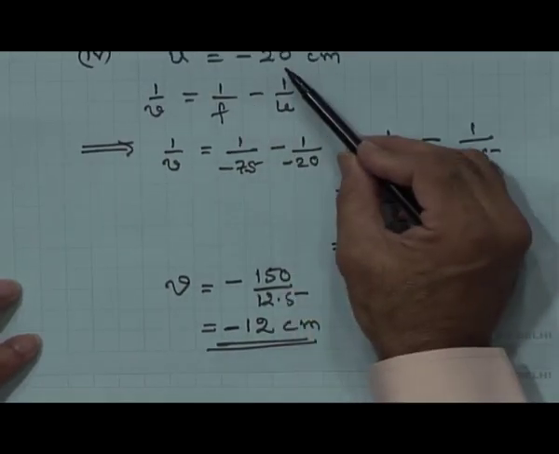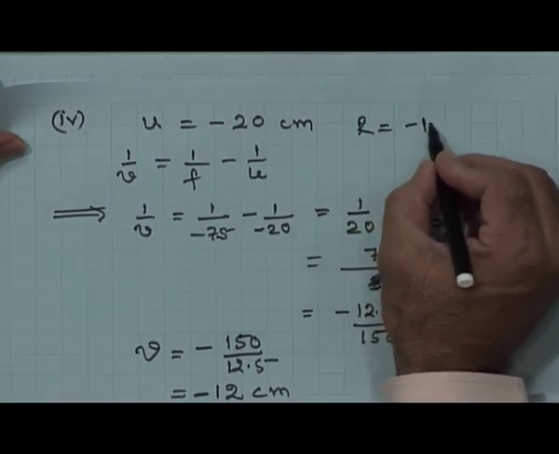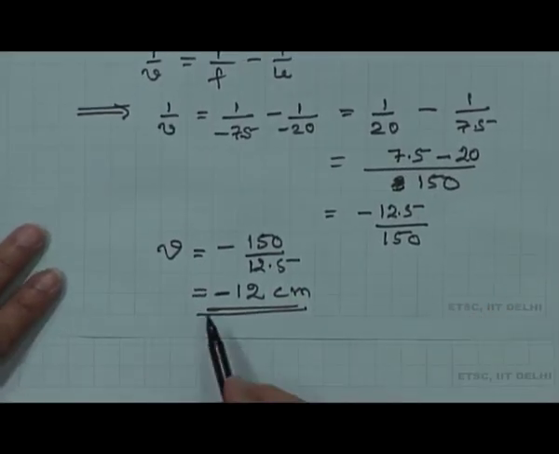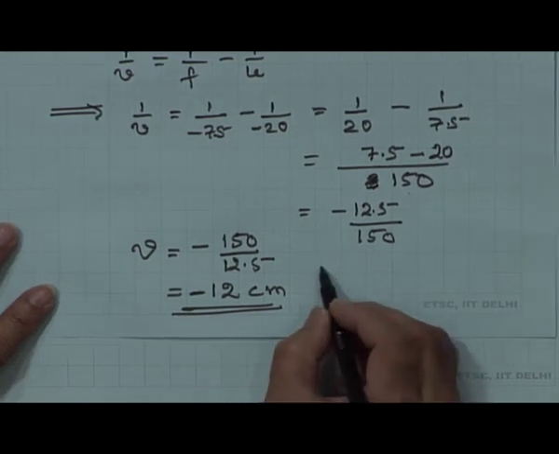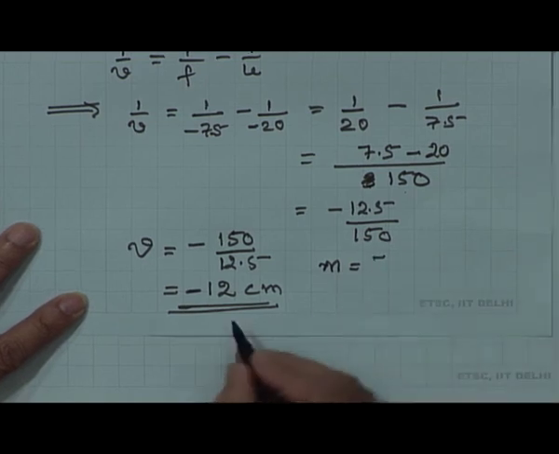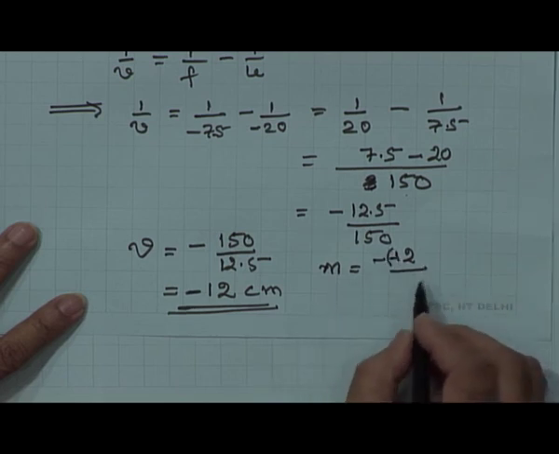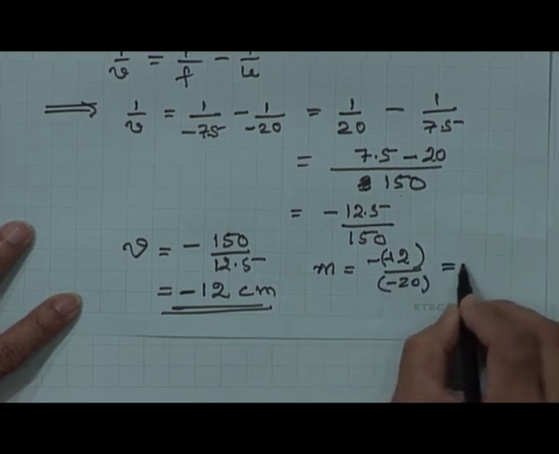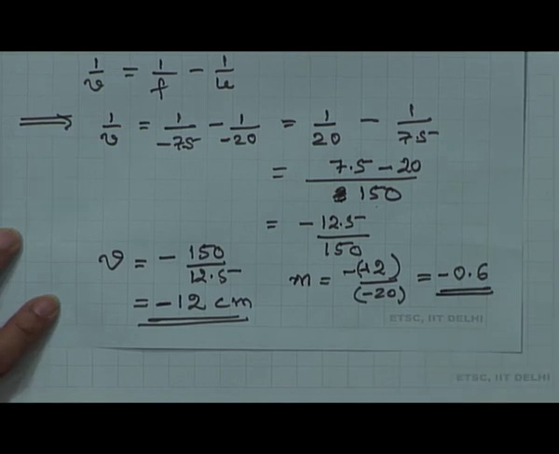So, when u is greater than the radius of curvature, please see that r is equal to minus 15 centimeters, then the image is formed at a distance of minus 12 centimeters, that is between the radius of curvature and the principal focus, and the magnification m is equal to minus v by u, so minus of minus 12 by minus 20, which is equal to minus 0.6.